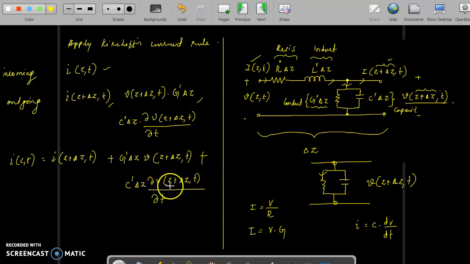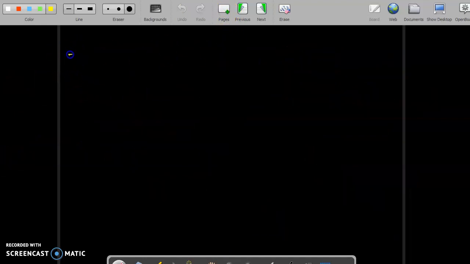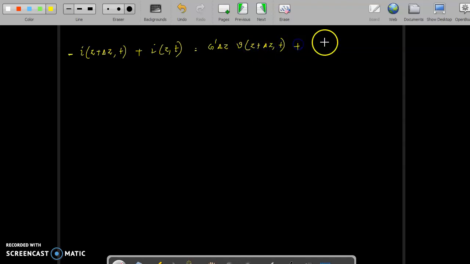Now I am going to do a slight modification. I am taking this to the left hand side, so that the equation becomes minus, plus, this is equal to the capacitor current.